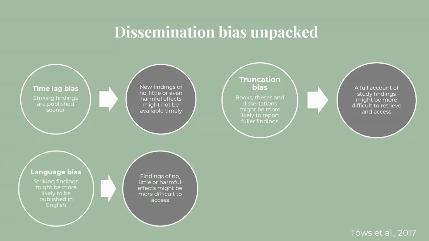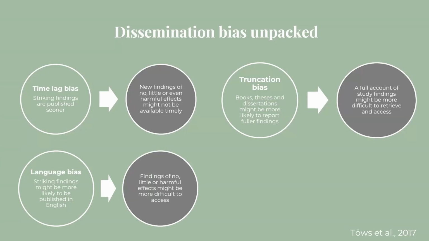Then we found that language bias might be at play as well. This bias describes that striking study findings might be more likely to be published in English language and in an international journal, which in turn increases the retrievability and accessibility of that study.